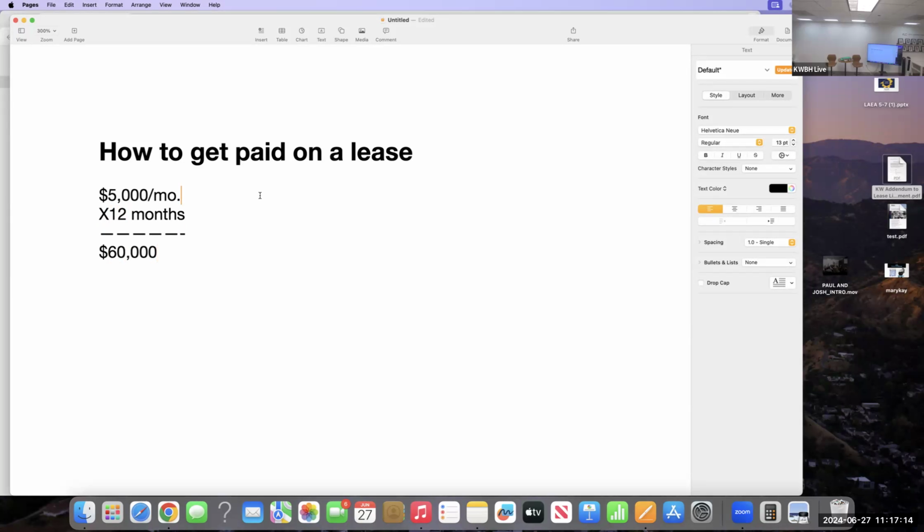If it's a 24-month lease, $5,000 a month times 24 months would be worth $120,000, right? Let's just say we're doing a 1 year lease at $5,000 a month, 12 months.